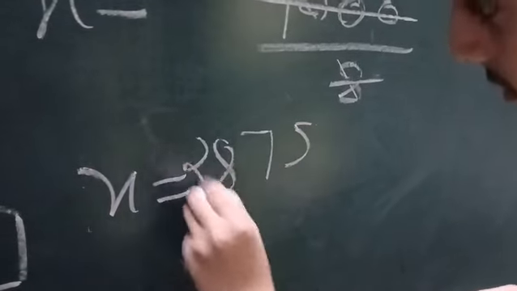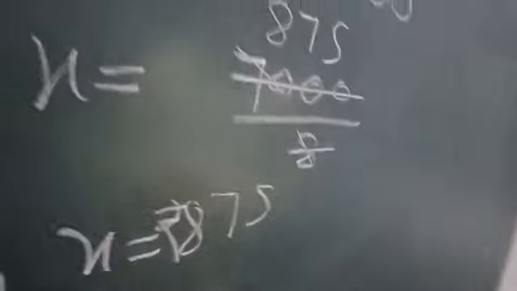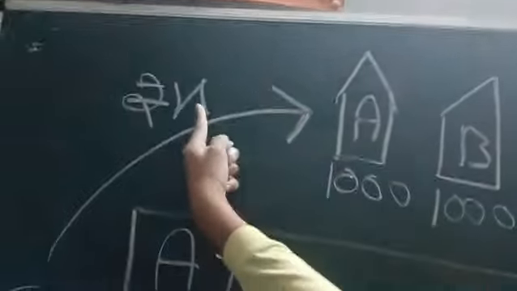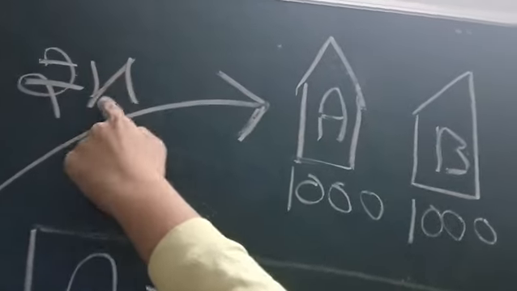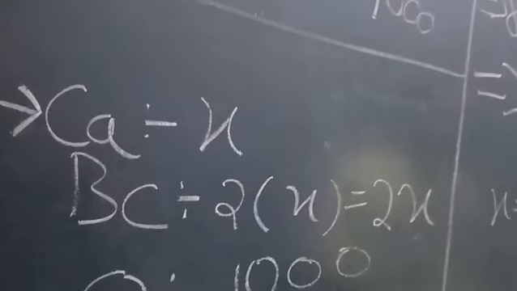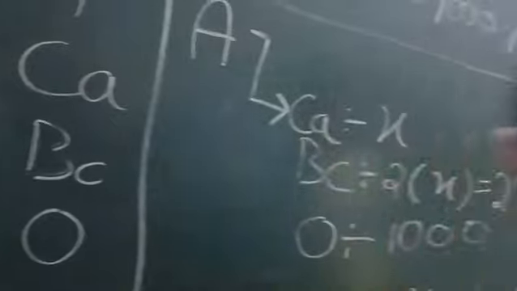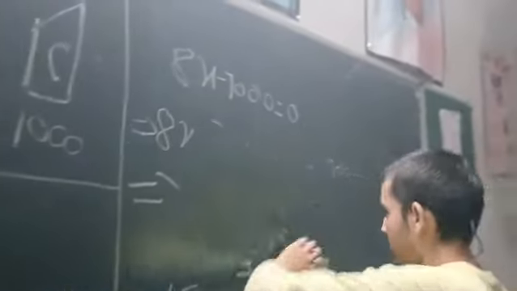So x is equal to 875 rupees. This means that he carried rupees 875 from home. Now let us check for confirmation whether this is true or not.